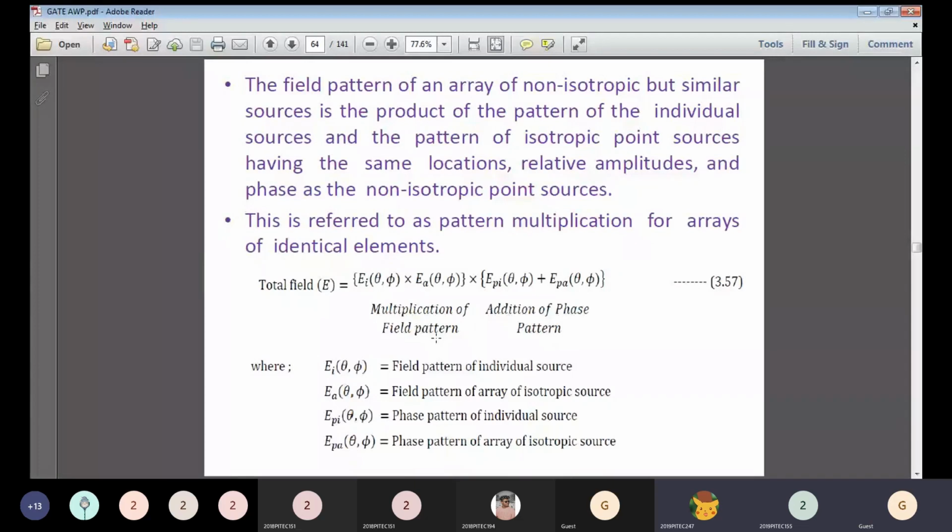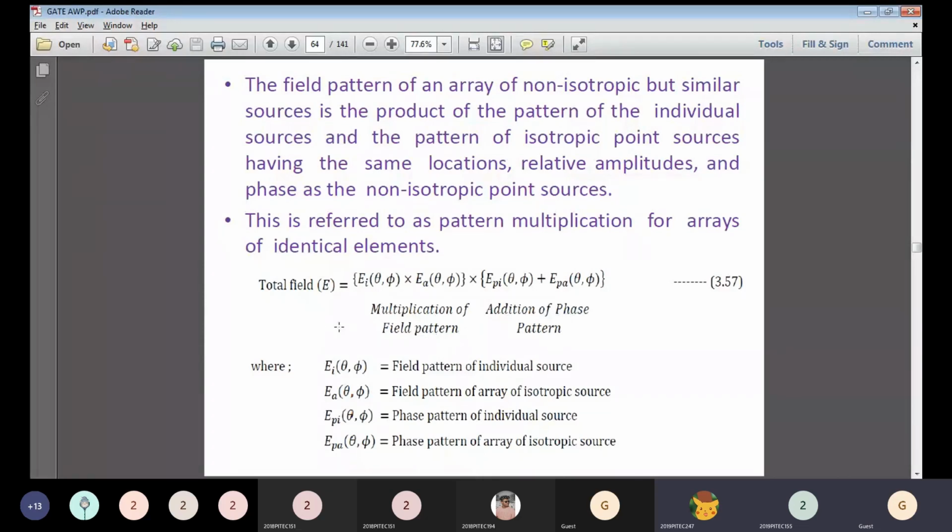Total field E equal to E(theta, phi) of the individual source times E(theta, phi) of the array of isotropic sources, with phase pattern EP(theta, phi) of the individual source plus EP(theta, phi) of the array. So total field equals multiplication of field patterns, with addition of phase patterns.